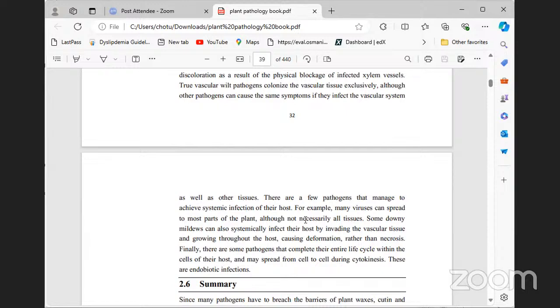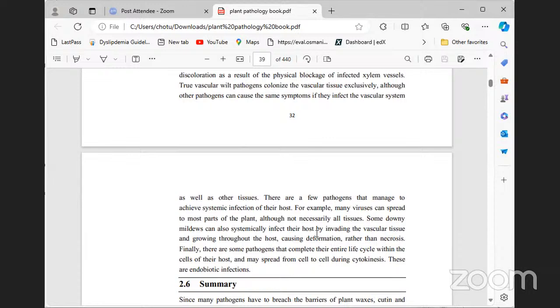There are a few pathogens that manage to achieve systemic infection of their host. For example, many viruses can spread to most parts of the plant, although not necessarily all tissues.